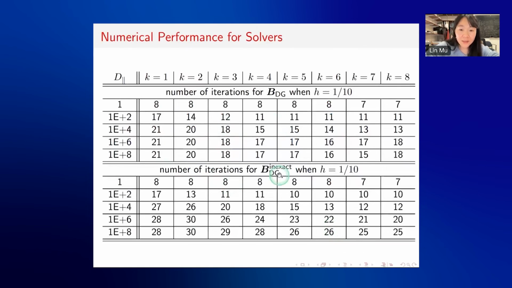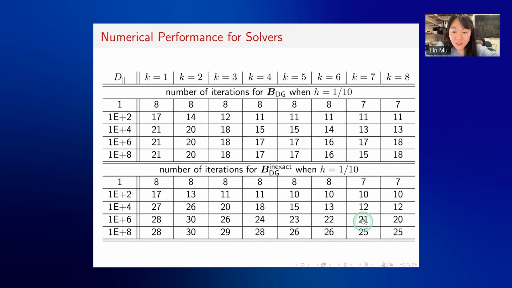And here are the results for the required iteration count. If we use the exact solver BDG on a mesh with size 1 over 10 and choose the inexact solver on the same mesh, for different values of the anisotropy and different polynomial degrees, we can see constant behavior for the iteration counts.